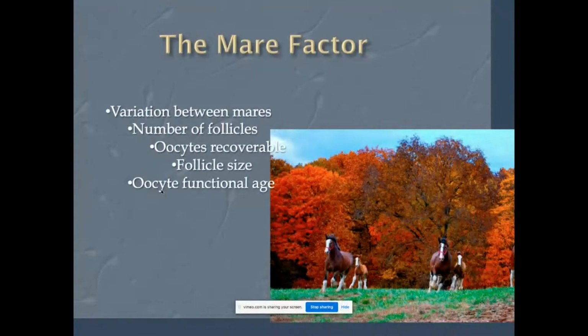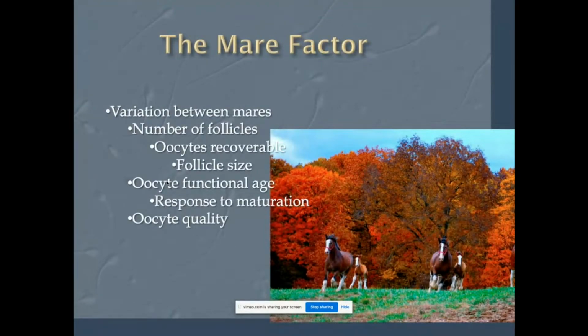And so it depends upon the phase in the growth of that follicle, how many times it's enlarged, been through a follicular surge, and then regressed, to how mature that oocyte is. So we may be going in and recovering that oocyte when it's very juvenile, or we may come in after the fact when it's really past its prime and is atretic. So the functional age of that group of oocytes from the mare will determine how many mature in maturation medium and are fertilizable later on.